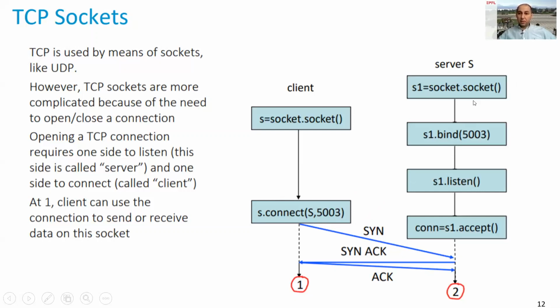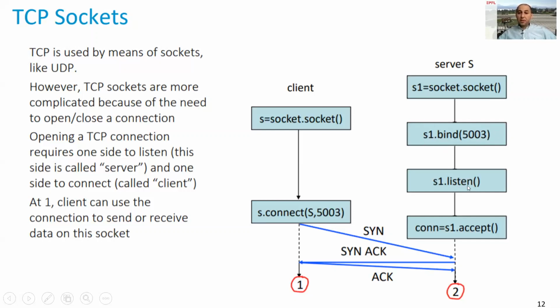So we create the socket. We indicate here that this is a TCP socket. Then we bind the socket to a local port number. And if we want, we can also bind it to a local IP address or interface. Once the socket is bound, we call listen.